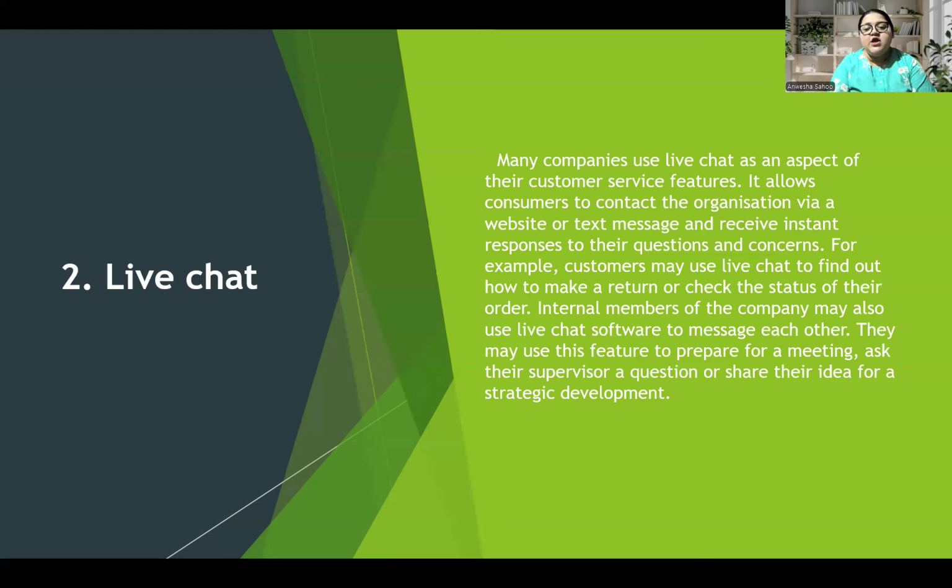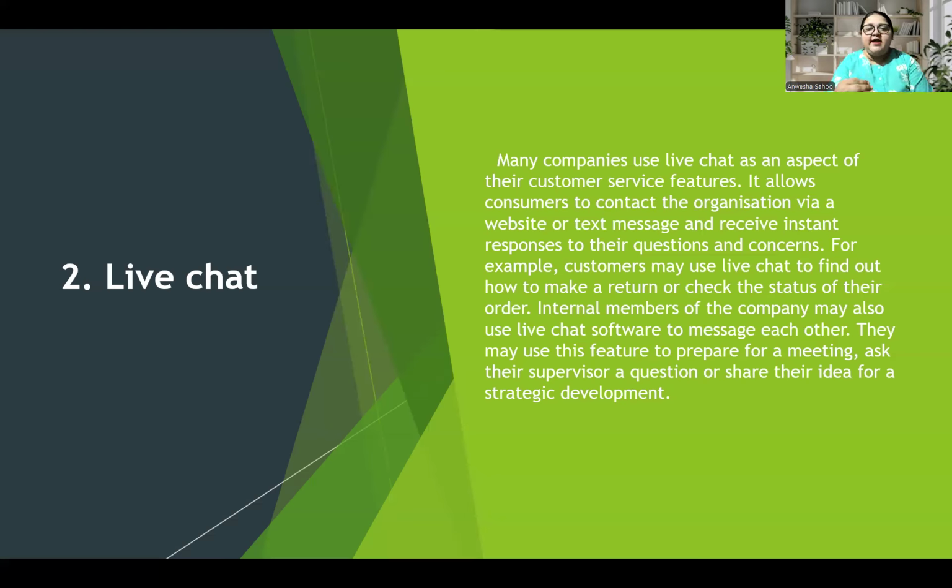Internal members of the company may also use live chat software to message each other. That is called intra. I want to message one of my colleagues who sits maybe on the 14th floor, and I'm sitting on the second floor.